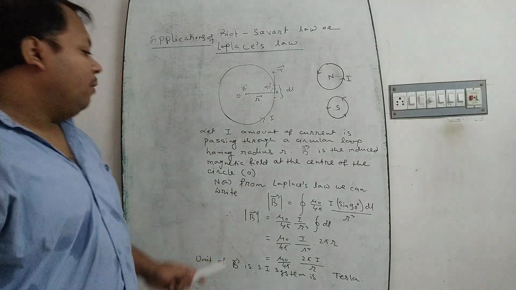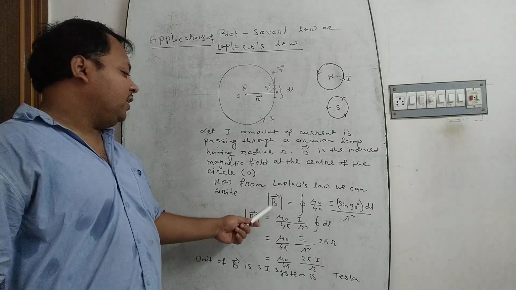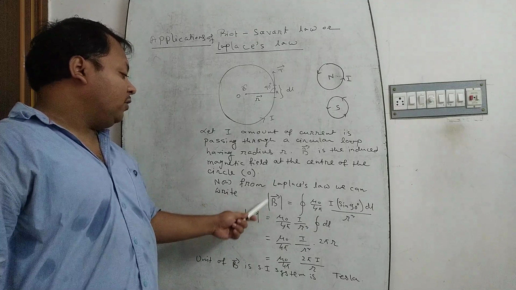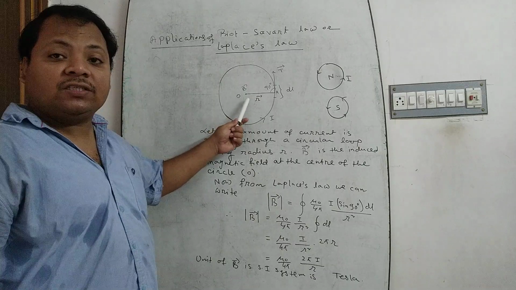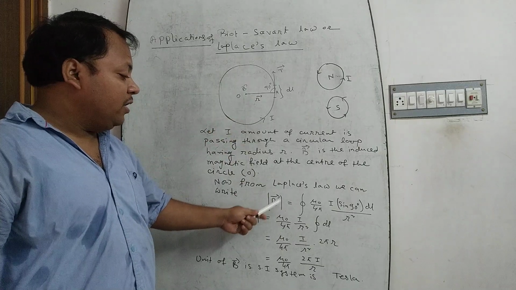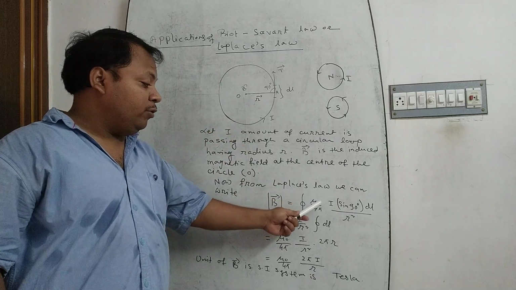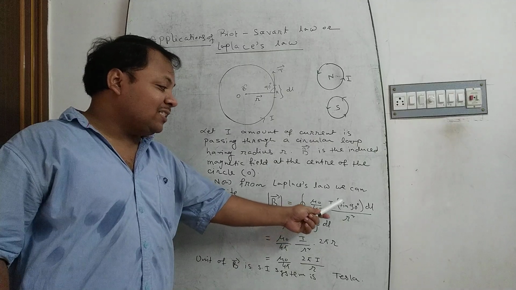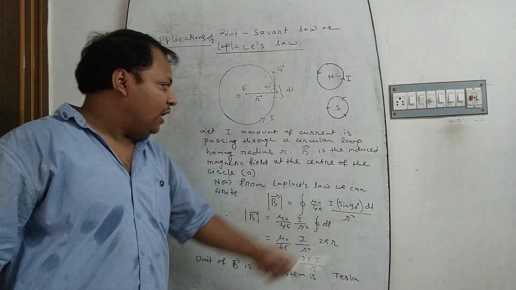Now applying Biot-Savart law, we can say that the induced magnetic field at the center of the circle, that is magnitude of B, is equal to closed integration of mu 0 by 4 pi I sin 90 degree dl by r square.